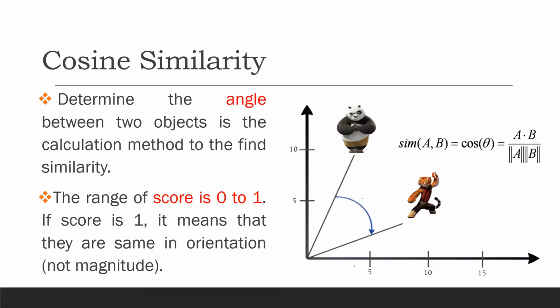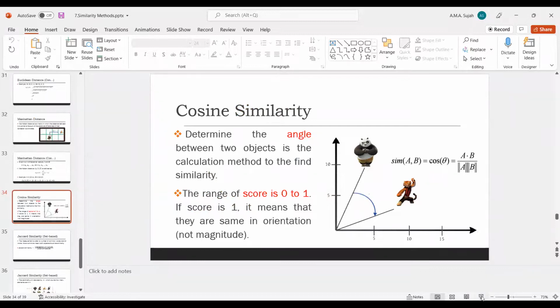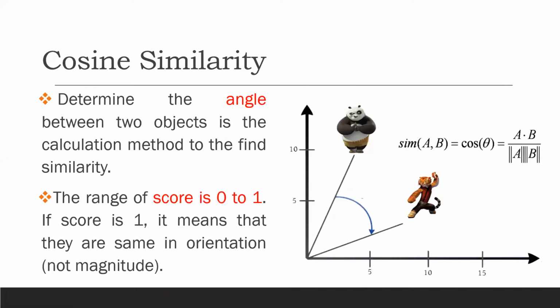If you think about cosine similarities, let's think about one object here and another object there. What is the degree they move apart from each other? Let's think about this angle as the similarity. How many degrees? Let's say it's 30 degrees. If it is 30 degrees, they have a distance.